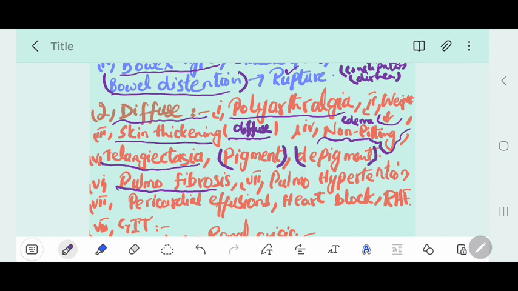Pulmonary fibrosis occurs that leads to development of the pulmonary vascular disease known as pulmonary hypertension. Pulmonary hypertension develops secondary to this pulmonary fibrosis. Furthermore, pericardial effusions, that is fluid around the heart, and right heart failure develop. This right heart failure is due to pulmonary hypertension.